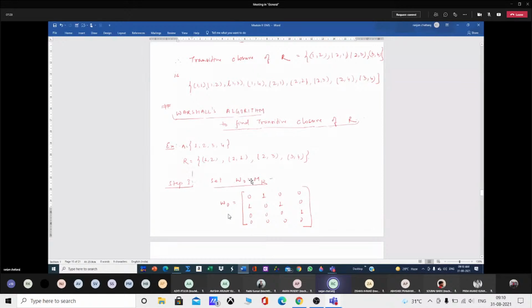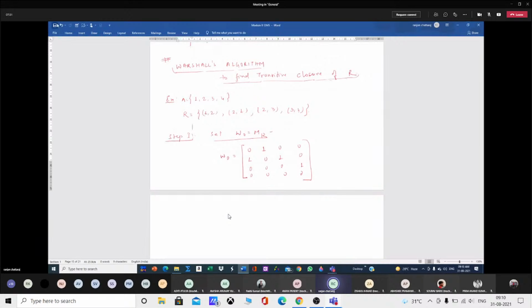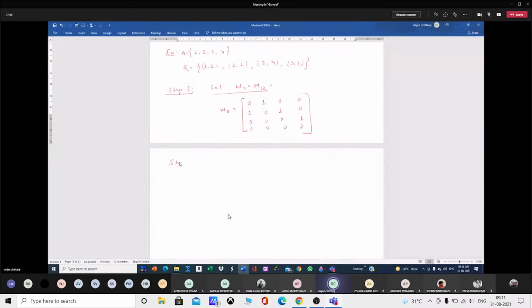Now, in step 2, we have to construct W1. So what is this W1? The first step is simply to take the 0, 1 matrix W0.